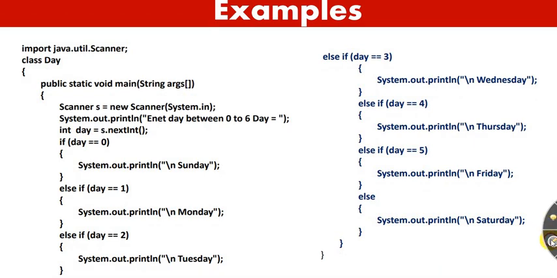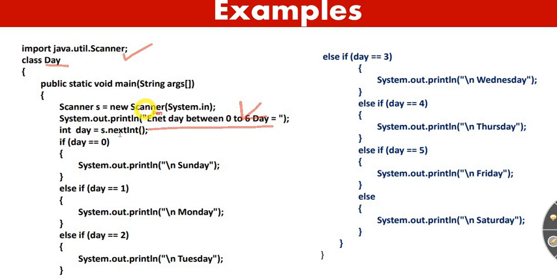So this is the basic program of an else if ladder. We have imported the package Scanner, then we have named the class Day. What it will basically do is, if the user enters a number from 0 to 6, the corresponding day will be printed, like Monday, Sunday.